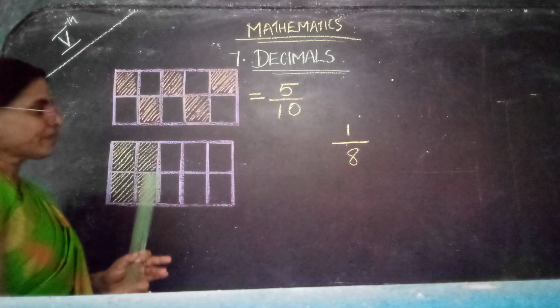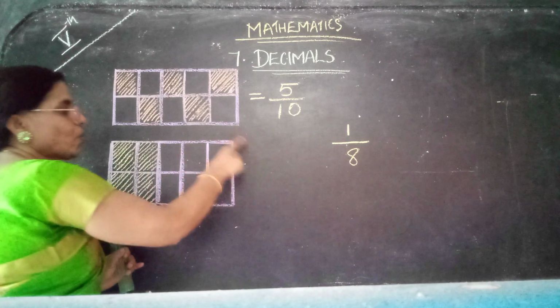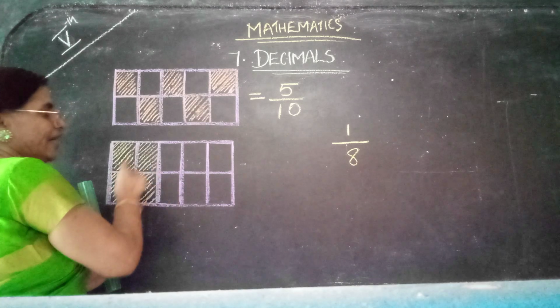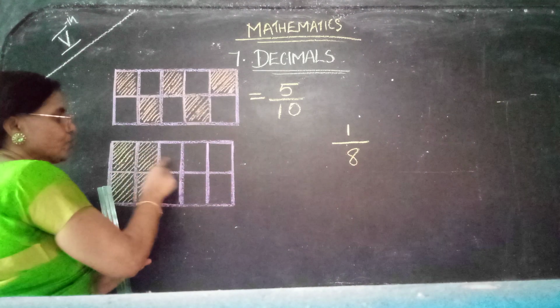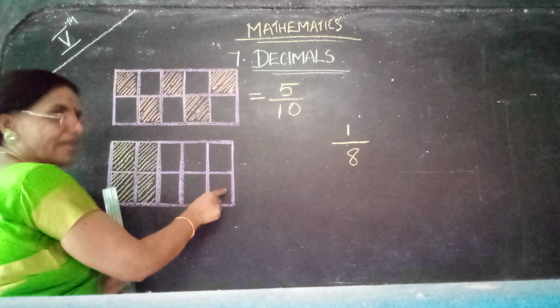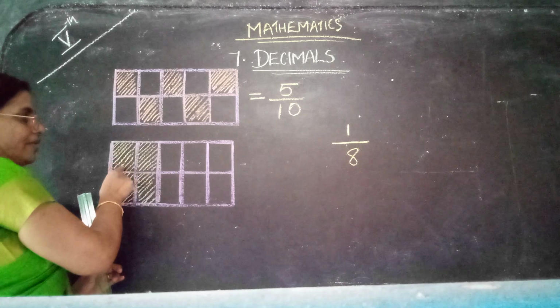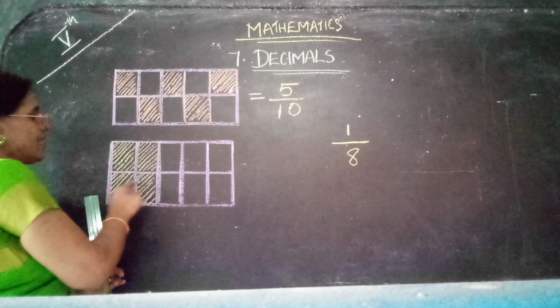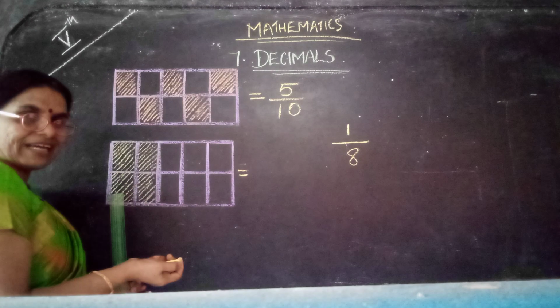Very good. Shall we go to the next question? See here, children. This is a whole box. It will be divided into 10 equal parts. 1, 2, 3, 4, 5, 6, 7, 8, 9, 10. How many parts are shaded here? 1, 2, 3, 4. How can you write it as a fraction, children?